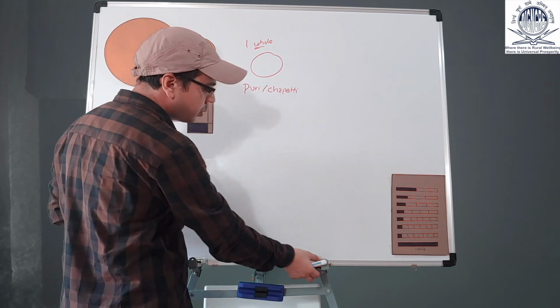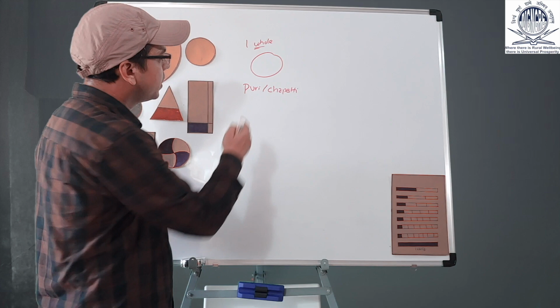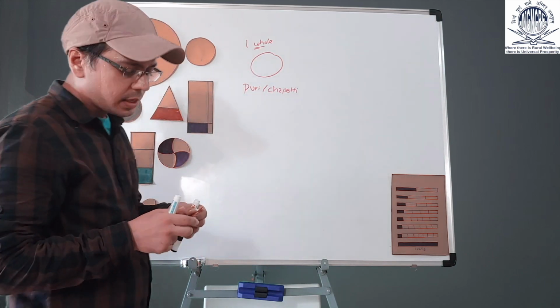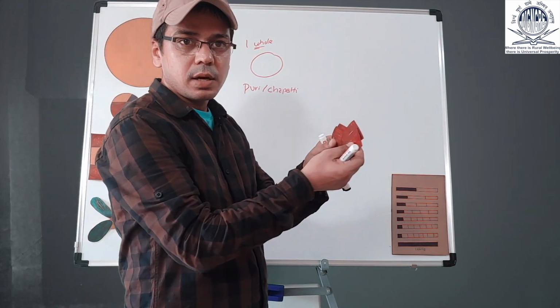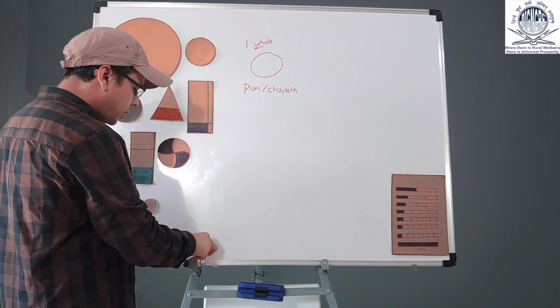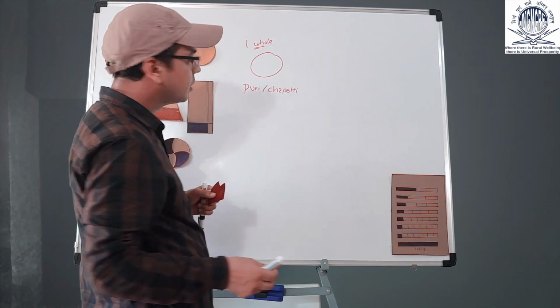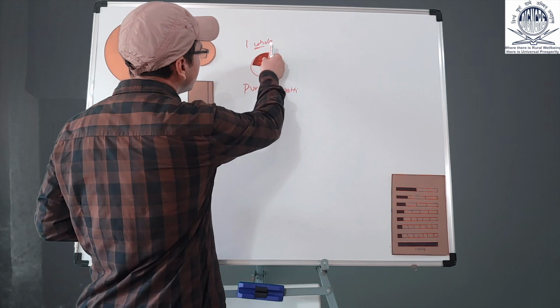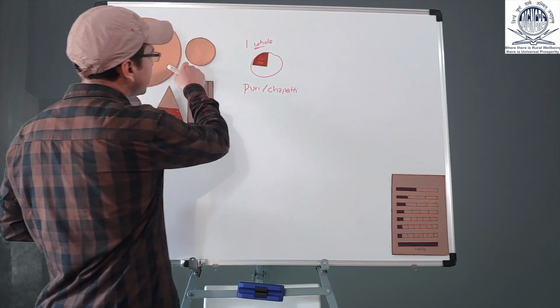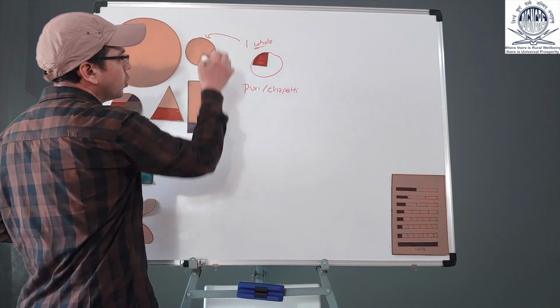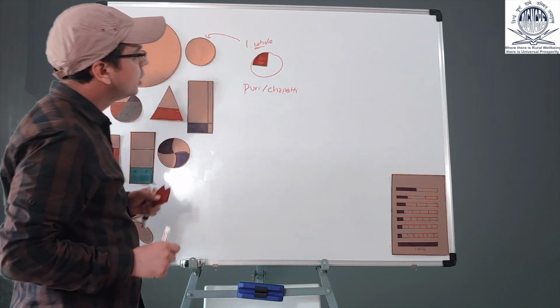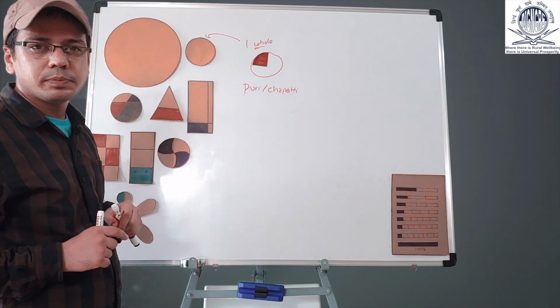So what I can do is split this into various pieces, and I have these various pieces cut out. This is my original one whole, and I'm going to split it into one such part. So how much do you think this part might be?